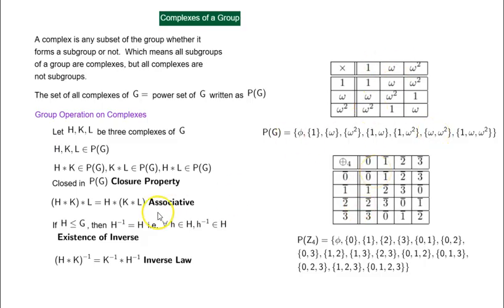And this power set satisfies closure property, associative property, and if we include only the subsets which are subgroups, then existence of inverse is also there, and the inverse law is followed. That was complexes of a group.